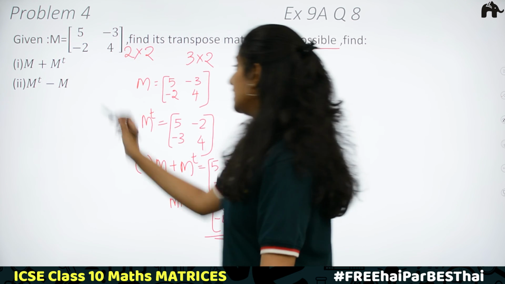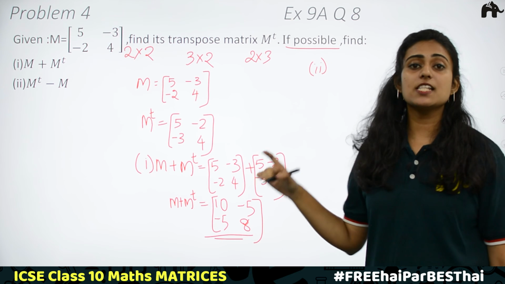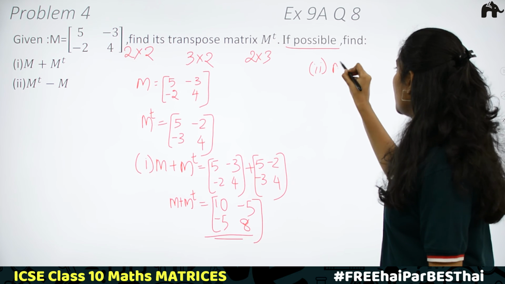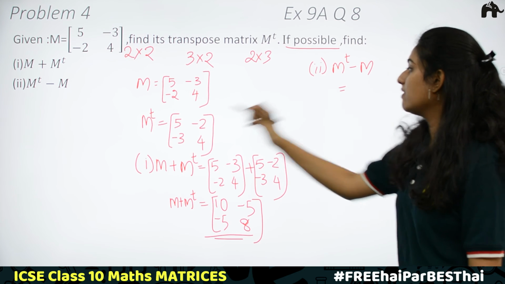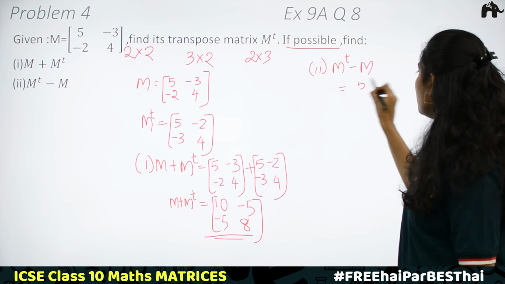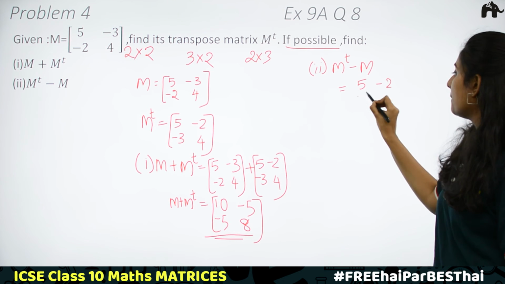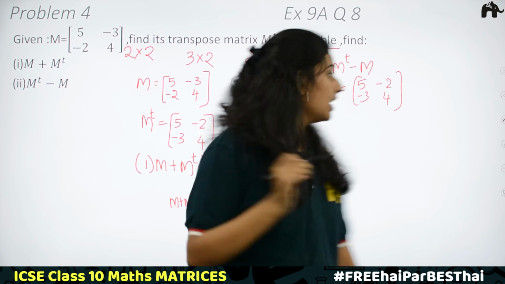Now to find, the second question we are asked to find M transpose minus M. What is M transpose? We have M transpose 5 minus 2 minus 3, 4. What about M?